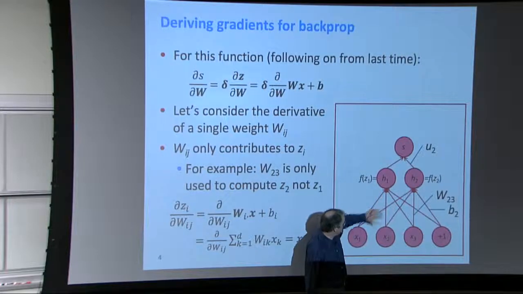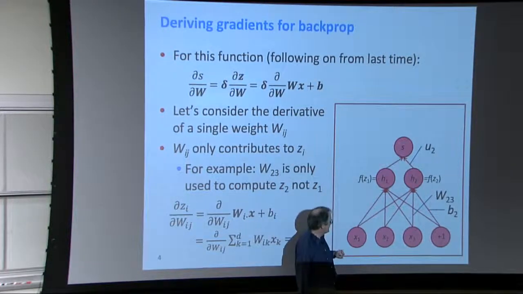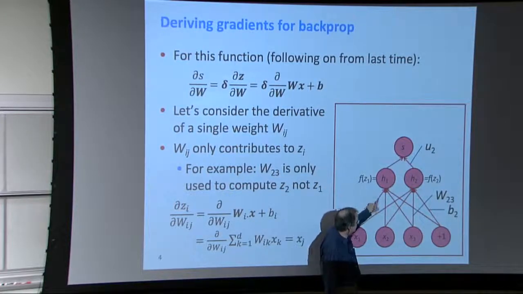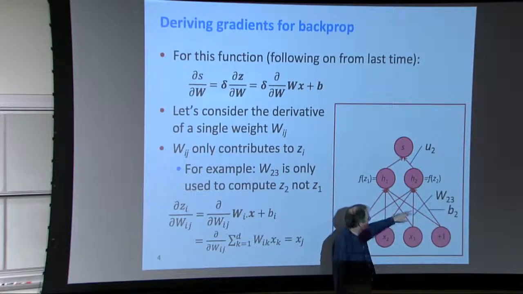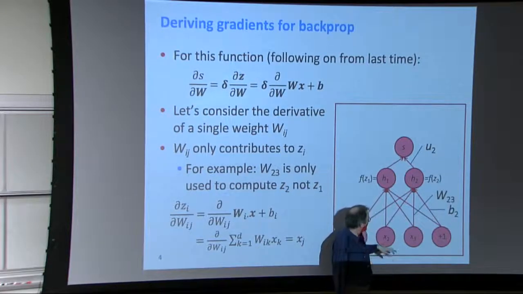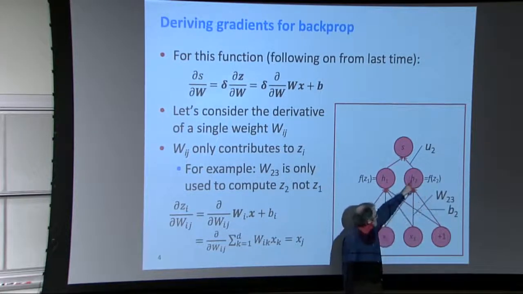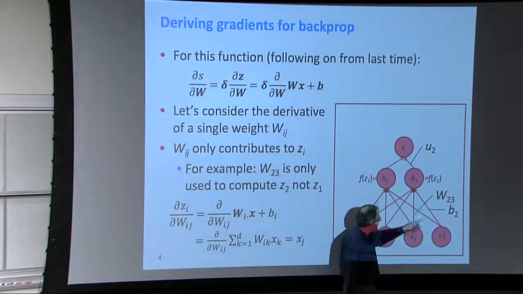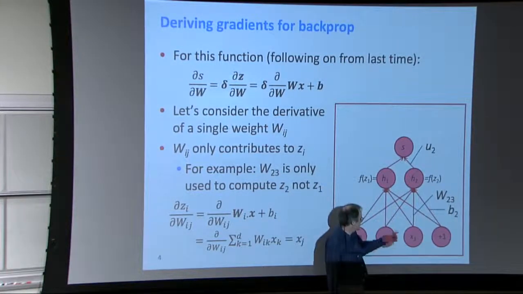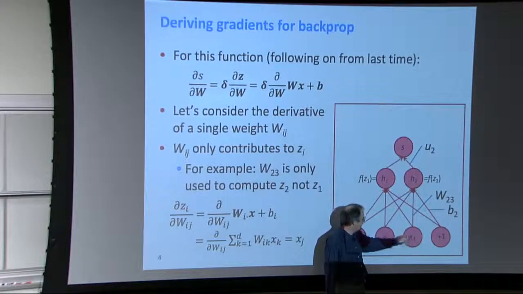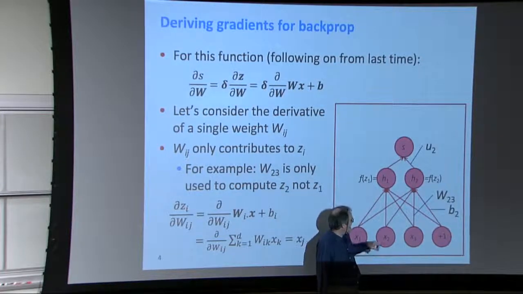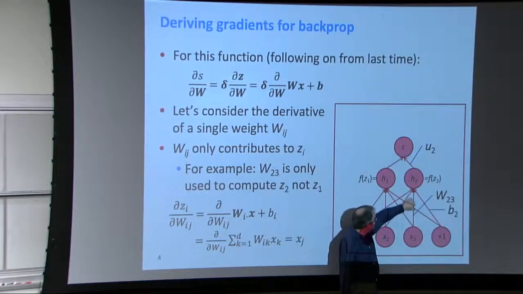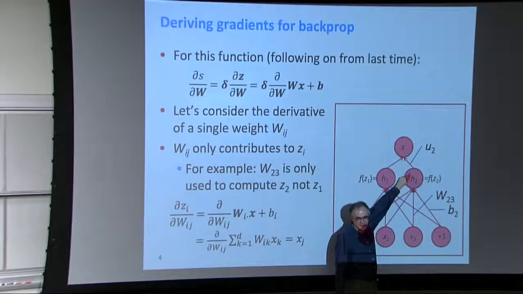So what we have is these inputs here and a bias term, and we do the matrix multiply of this vector to produce these. If you think about what's happening, we've got this matrix of weights, and for a particular weight, its first index corresponds to a position in the hidden layer, and its second index corresponds to a position in the input vector. One weight in the matrix ends up being part of what's used to compute one element of the hidden layer.